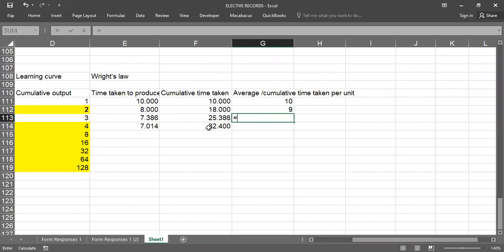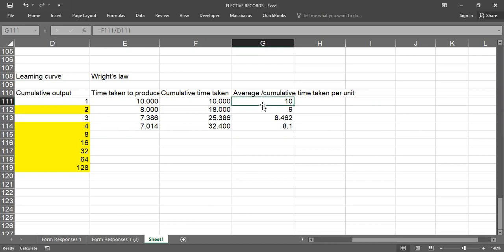Then for period 3, or row 3, it's the 25 divided by the 3. Then for the fourth, it will be this divided by the 4. This is what you have.